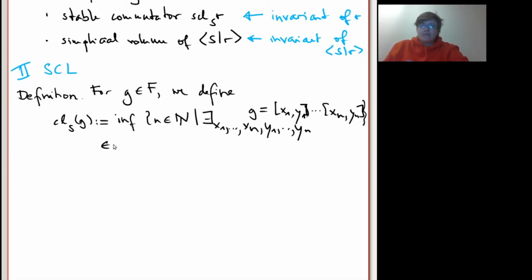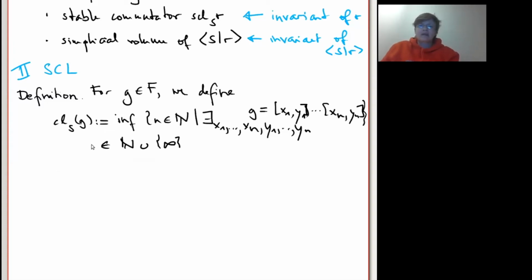And of course, if your element g is not in the commutator subgroup, then you won't find any of these elements at all. So this might be infinite. And it will be finite if and only if you're in the commutator subgroup, but you can always define it if you want. Okay, so that's the commutator length.